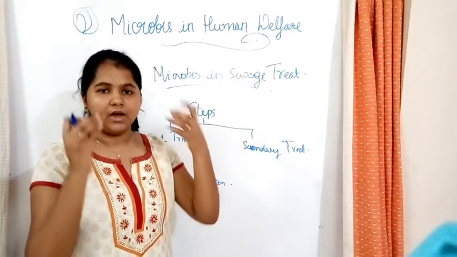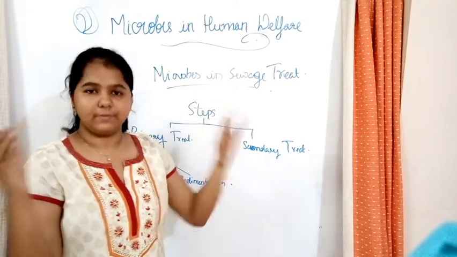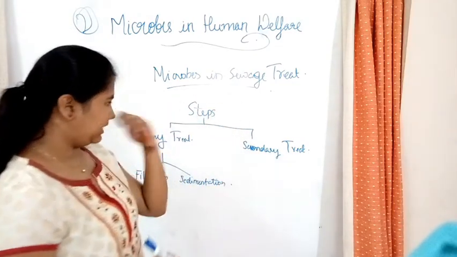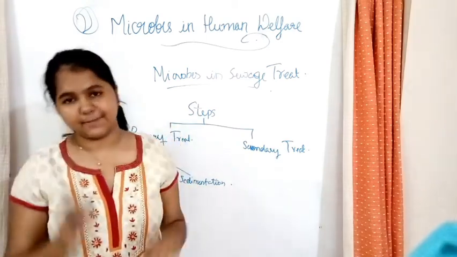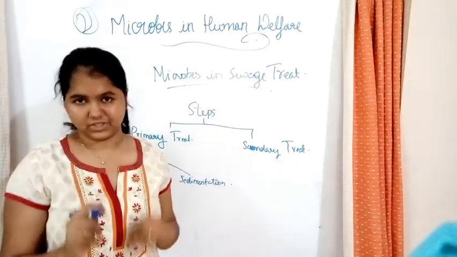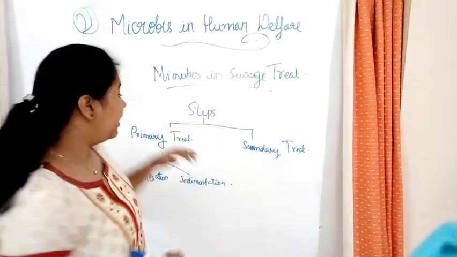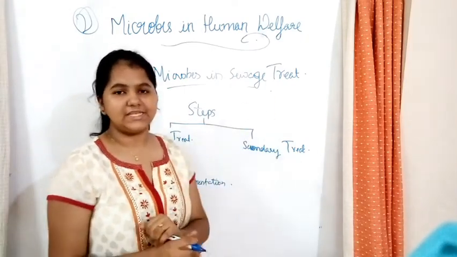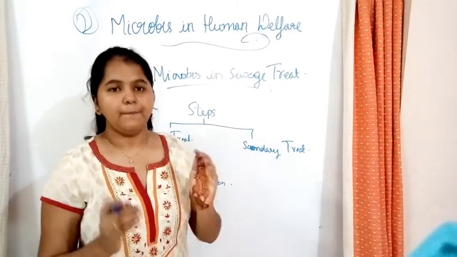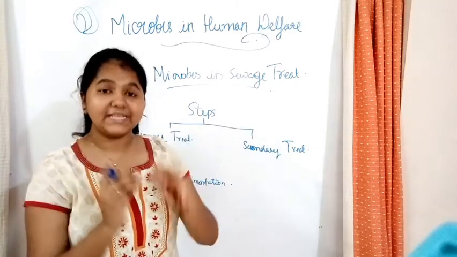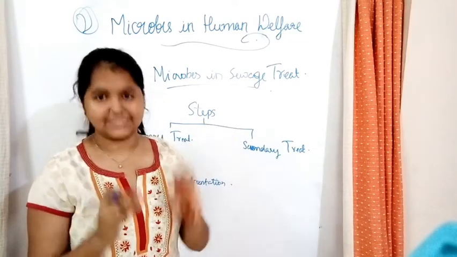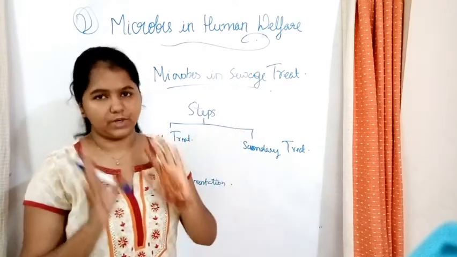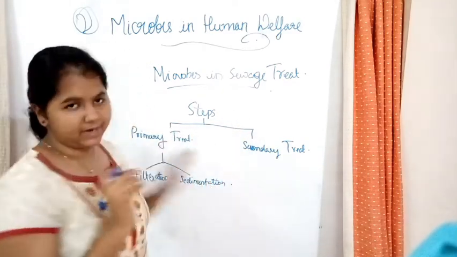The waste water that is given out from our households is known as sewage. There are various steps in sewage treatment. Two steps are primary treatment and secondary treatment. First we will discuss primary treatment. Primary treatment is the physical removal of solid particles from the sewage water.